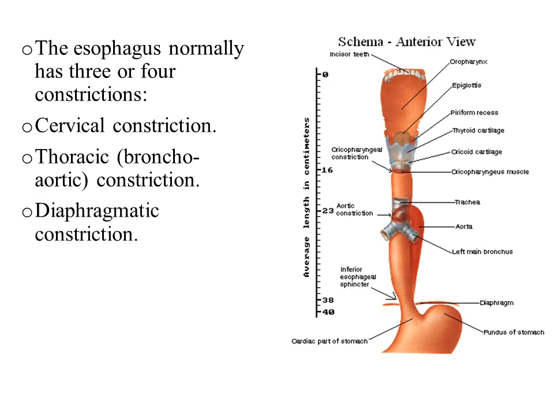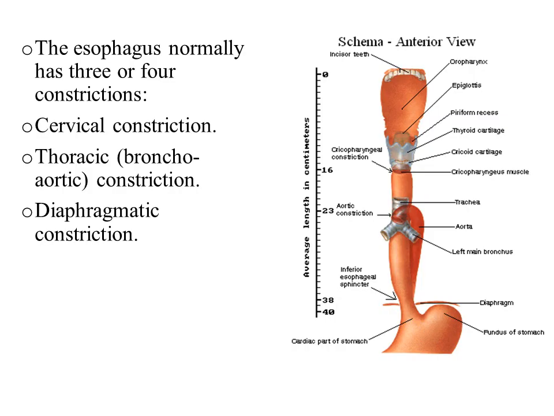The cervical constrictor is the upper esophageal sphincter. It begins at the pharyngoesophageal junction, approximately 15 centimeters from the incisor teeth, and it is a muscular constrictor caused by the cricopharyngeus muscle.